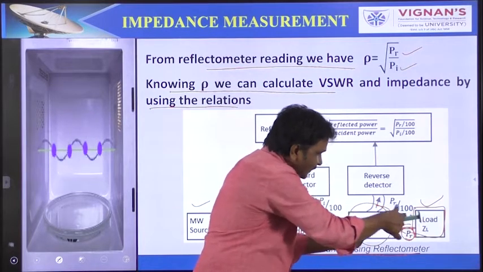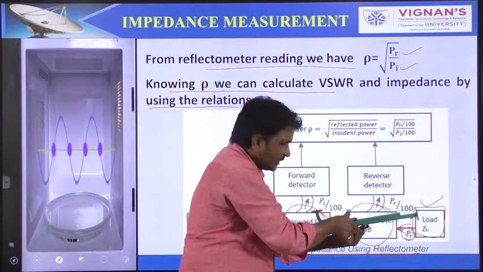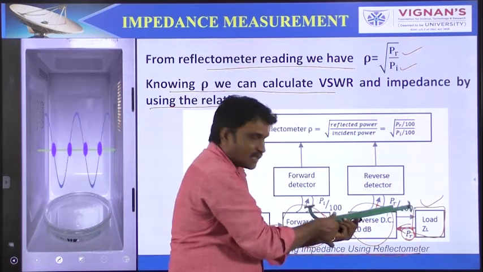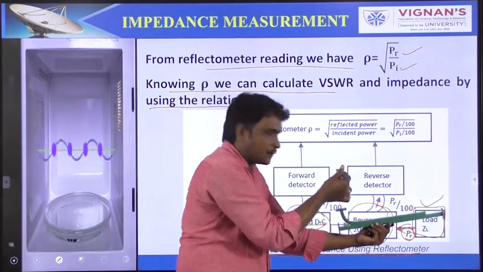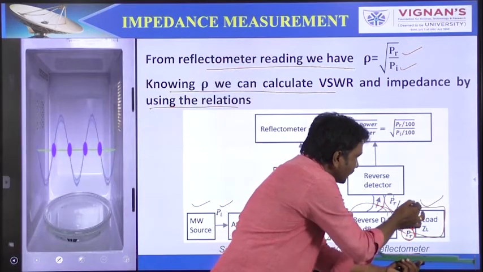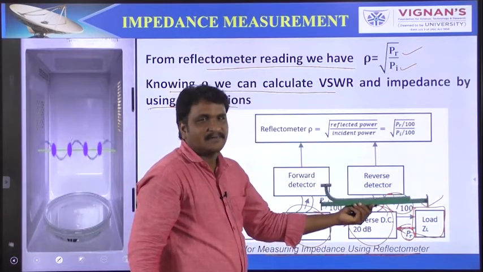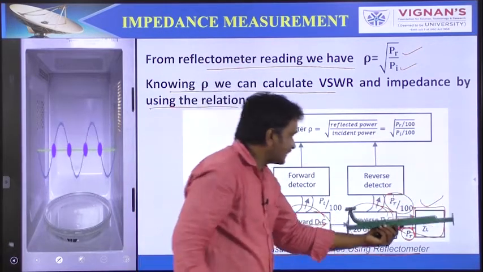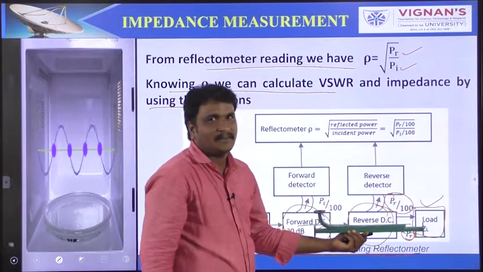That reflected power will come towards this direction. The maximum power will come out of this port. A very small amount of leakage power comes out of this port. So that small amount of leakage power, this PR by 100, enters towards the reverse detector.